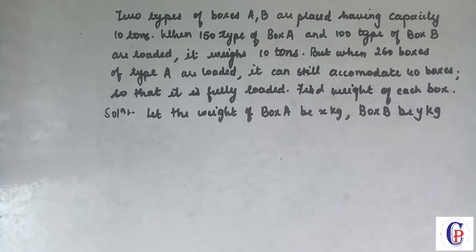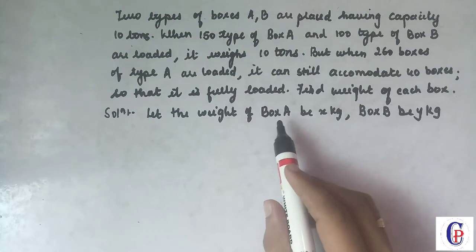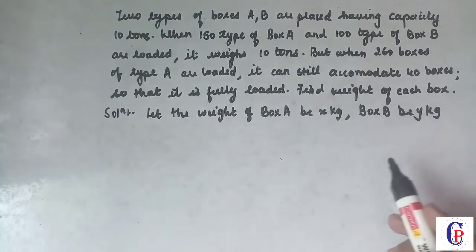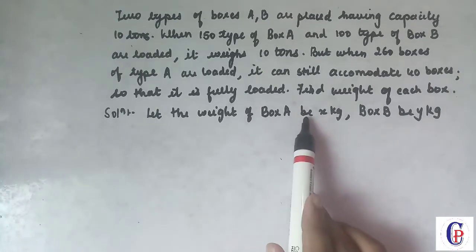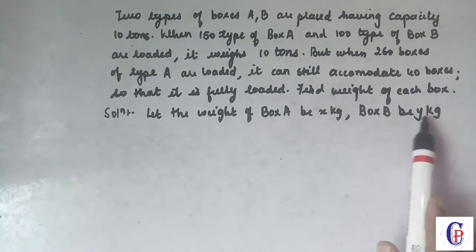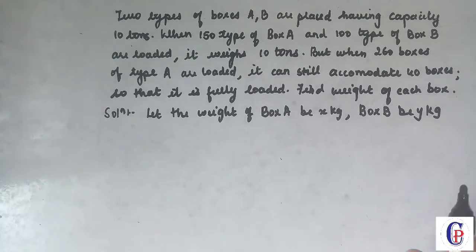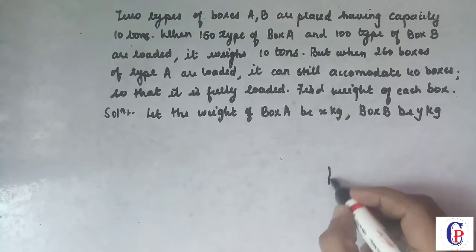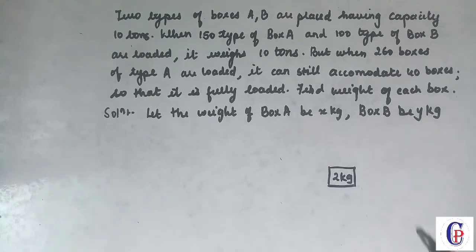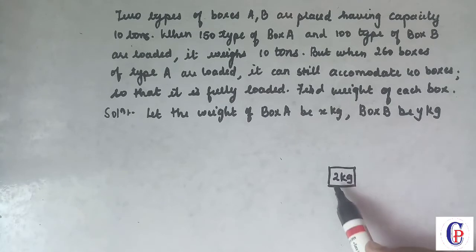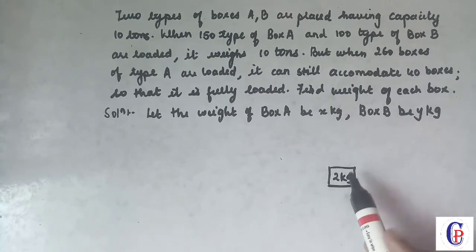Now we don't know what is the weight of box A and what is the weight of box B. So what we will write here is, let the weight of box A be x kg and box B be y kg. Now you tell me one thing. Suppose I have a box here. This is an example. Let us take a box which is of 2 kg.